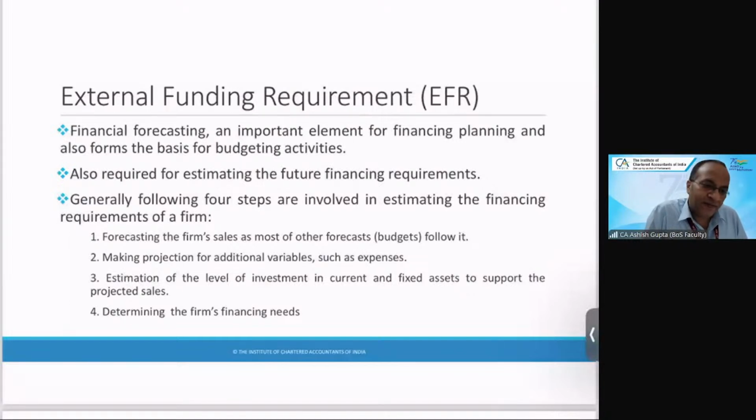Now, what happened? Sometimes our firm grows automatically, and we have to see how much fund we have to generate externally. Of course, if we want to maintain a sustainable growth rate so that our leverage is not affected, then it is a sustainable growth rate.